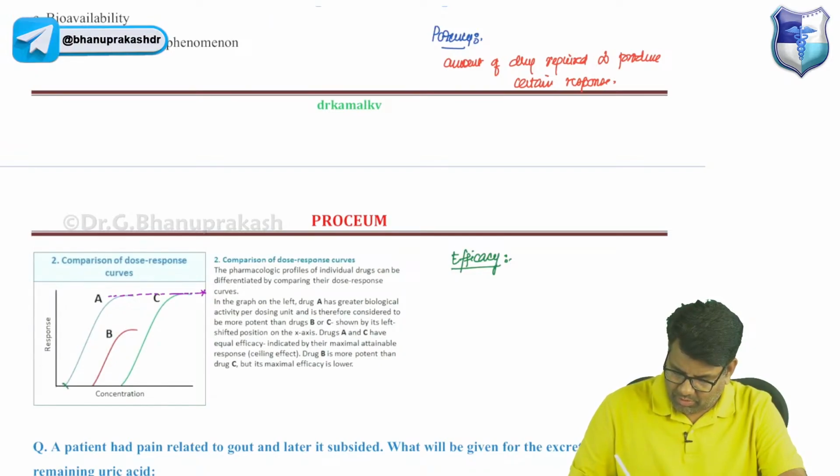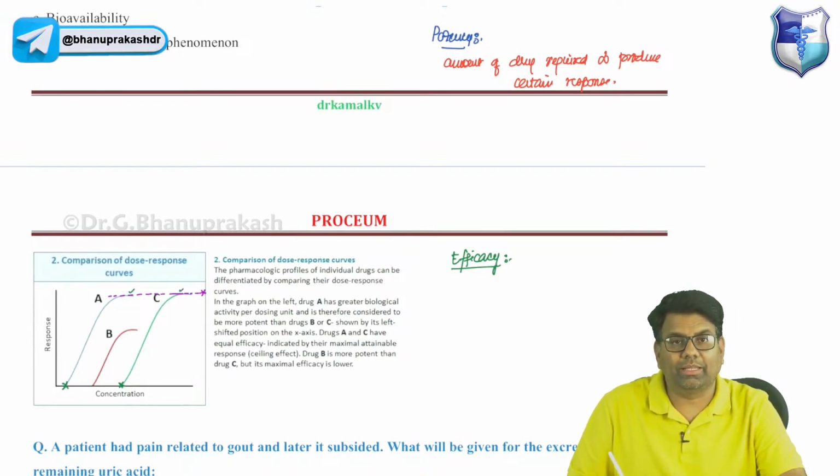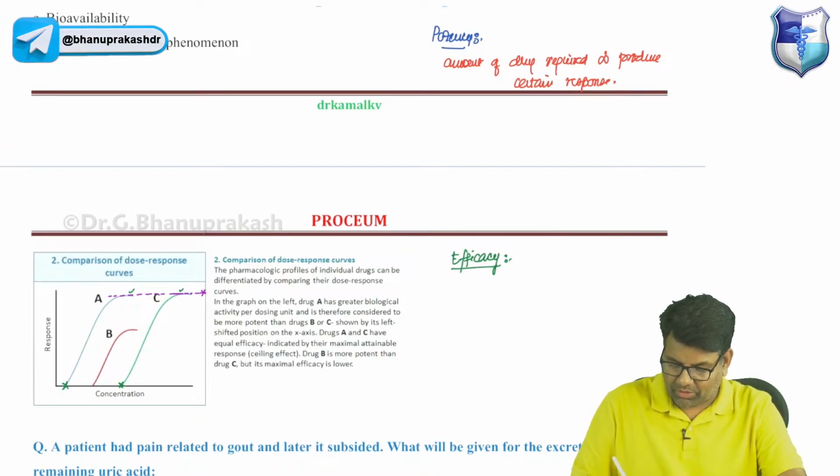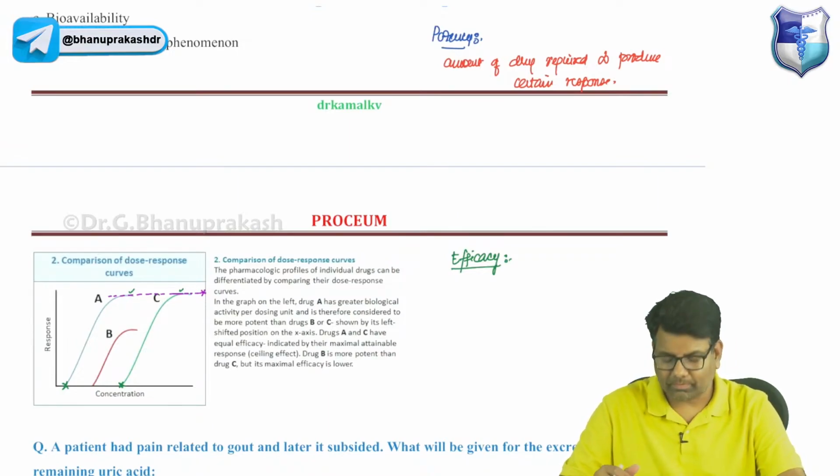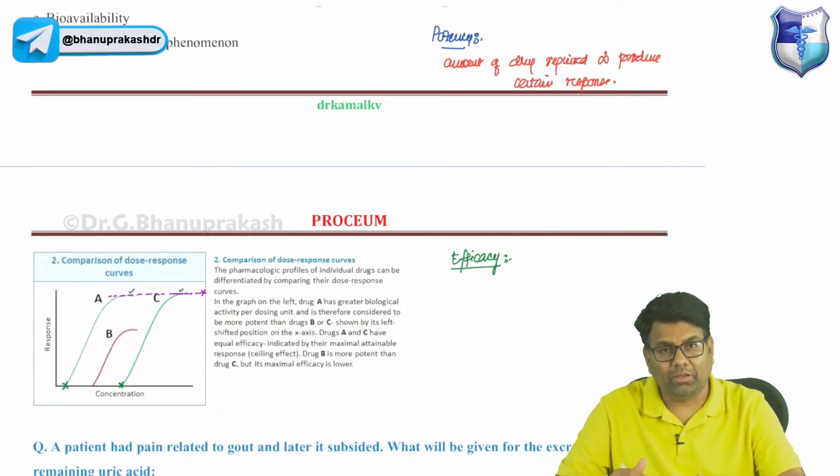So this much amount of drug A is required to give the response, whereas you need a little more amount of drug C to get this response. So it means A is more potent than C, because the response which is achieved by C can be achieved by A in a very small quantity of drug, right?